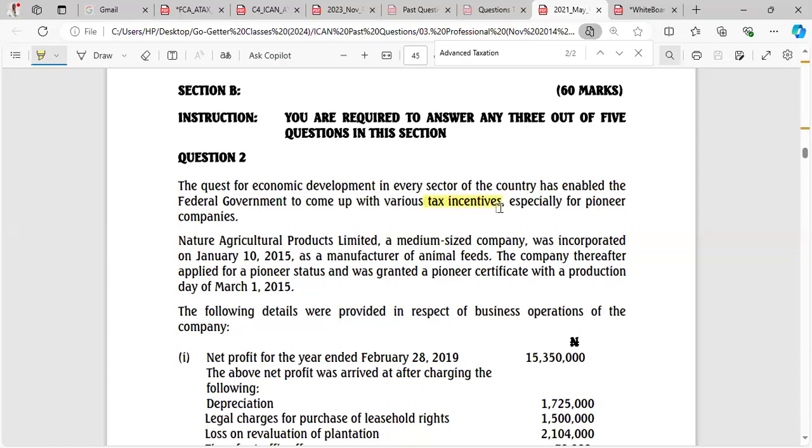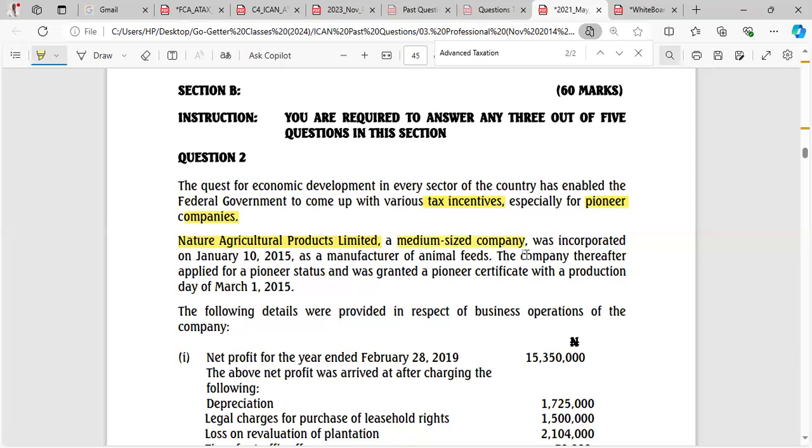Underline the words tax incentives, especially for pioneer companies. Nature Agricultural Products is the name of the company, a medium-sized company. It is important to note that this is a medium-sized company. What makes a company a medium-sized company?